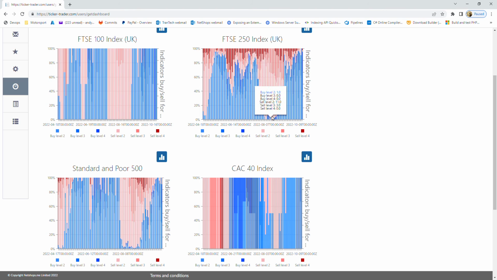So this is telling us that at the bottom here there are fewer buy signals being generated by the algorithms. What we can notice and read from this is that the number of buy signals has dropped, but the number of sell signals has stayed pretty consistent.